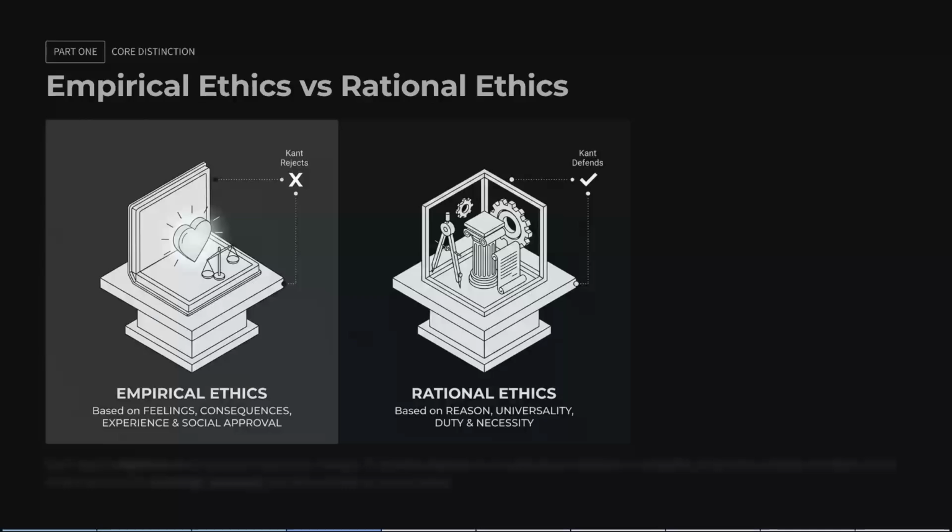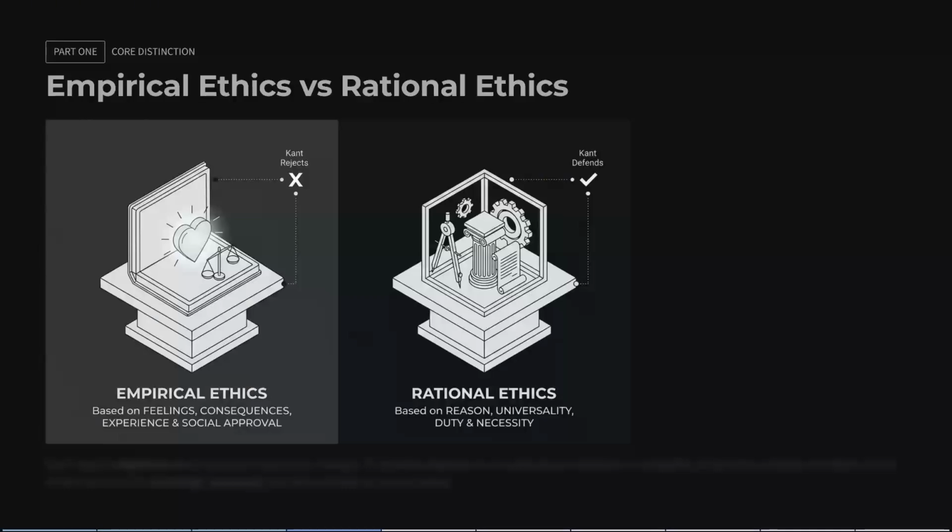Experience changes. What produces happiness in one context may produce suffering in another. What people desire varies between individuals and cultures and historical periods. If morality depends on consequences, pleasure or sympathy, it becomes unstable, contingent on circumstances that could always have been different.